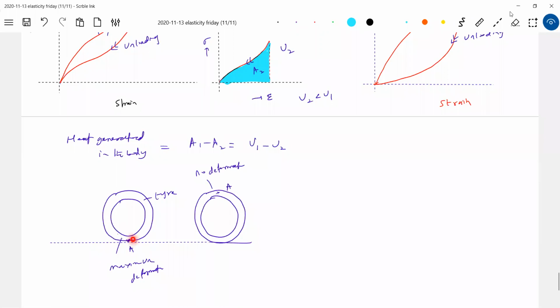So the layer of the tire which is in contact will have maximum deformation. Once the car rolls further, then what will happen to the deformation? It decreases. Here no deformation. Again the same layer when it comes in contact will undergo it like this. It will undergo deformation, reformation, deformation, reformation.